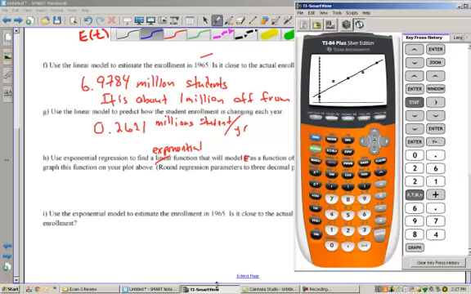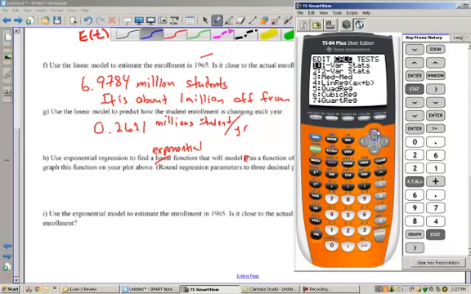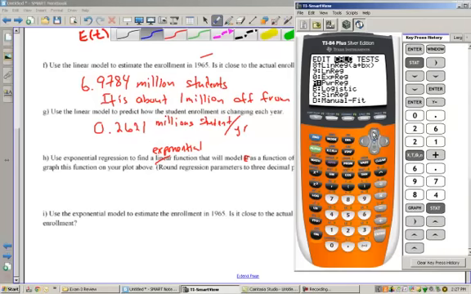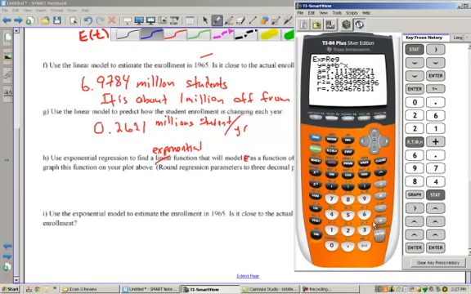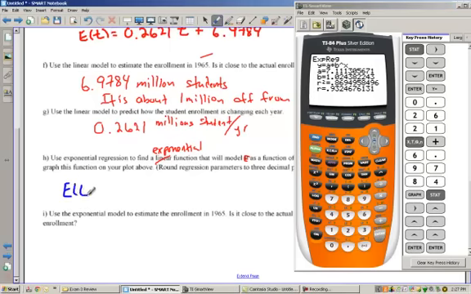To do this one, we're going to hit Stat, go to Calculate, but instead of linreg, we'll scroll around and find exponential reg, and hit Enter again, and out pops my answer here. So on this one, my E of t is equal to 7.111, it says round to 3 decimal places, times 1.024. And it says to the x, but we'll write to the t.